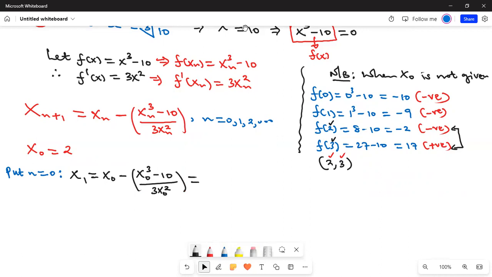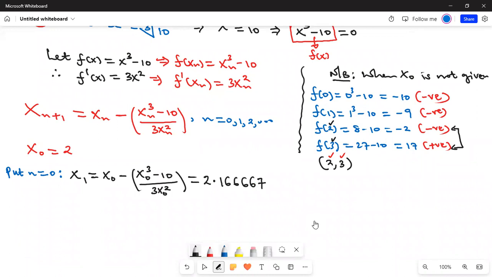Where there is x naught, you need to put 2. What are we going to get? So with x naught equal to 2, you get x1 is equal to 2.166667. That's correct to 6 dp.